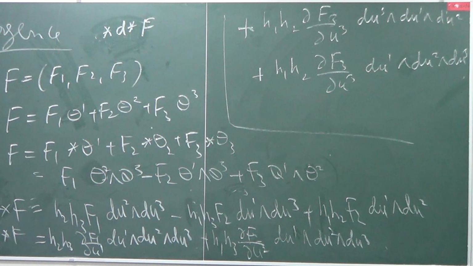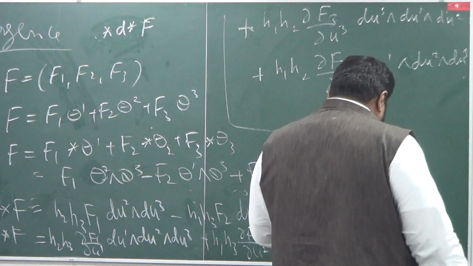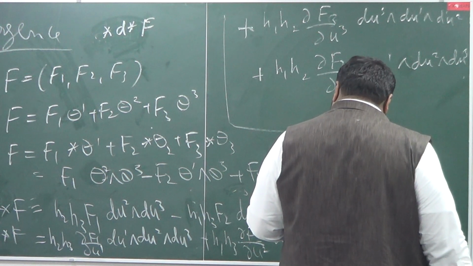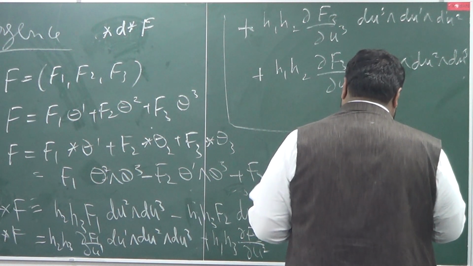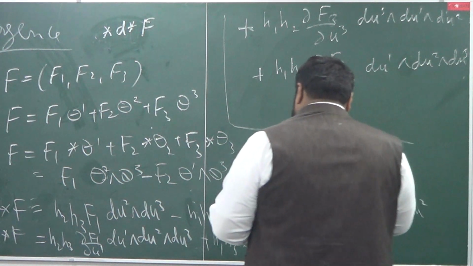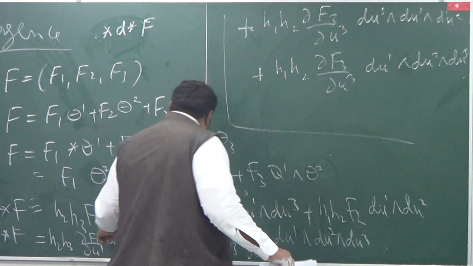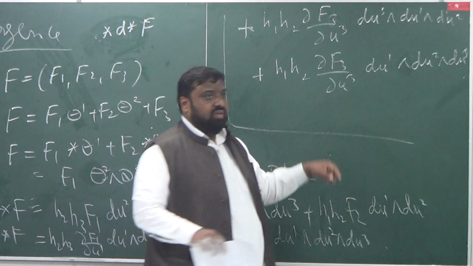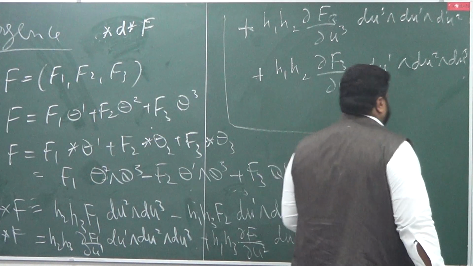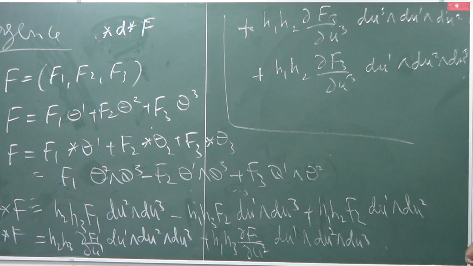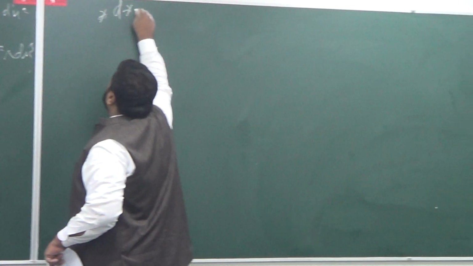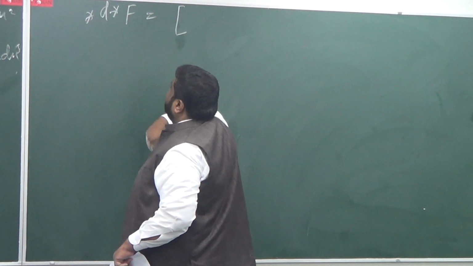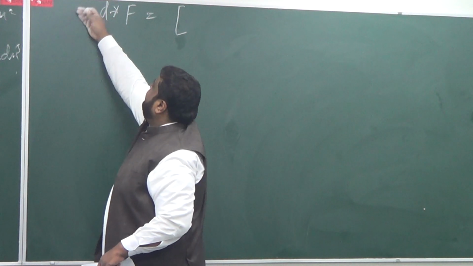Alright, so if I apply star on this expression, star D star. By the way, I can do one thing, I can combine these three expressions, I can put them in a single bracket because all these are the same. Okay, so it's a kind of one single tree form. So star D star F would be, let's write D star F first.